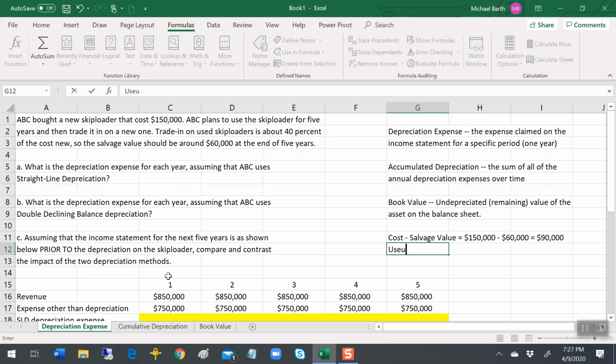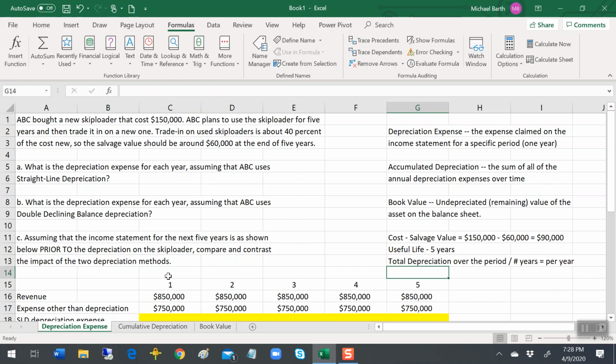Useful life (5 years). So the total depreciation over the period, divided by the number of years, gives you the per year depreciation.